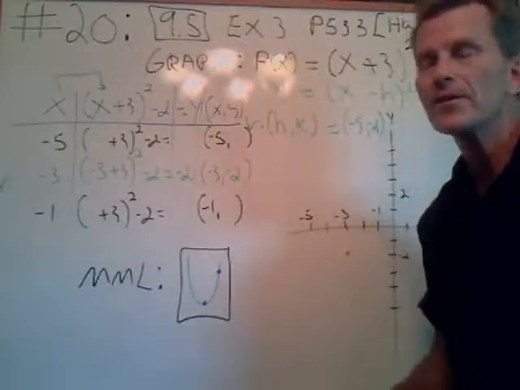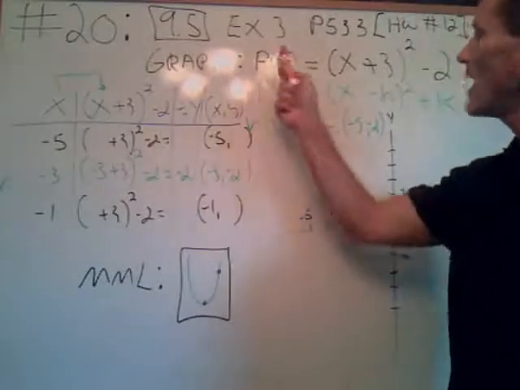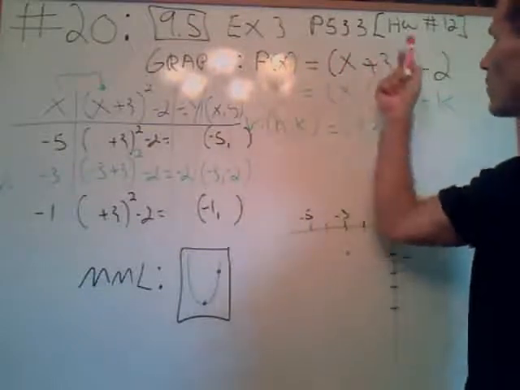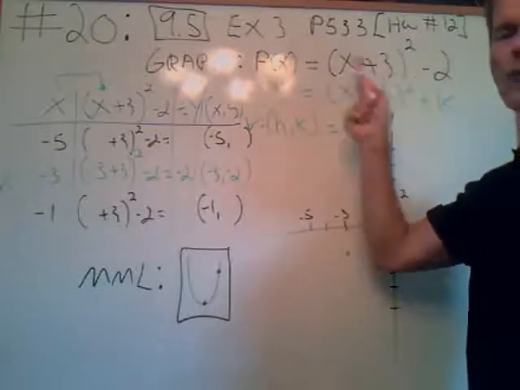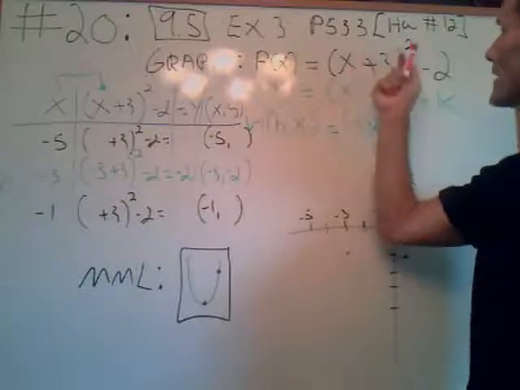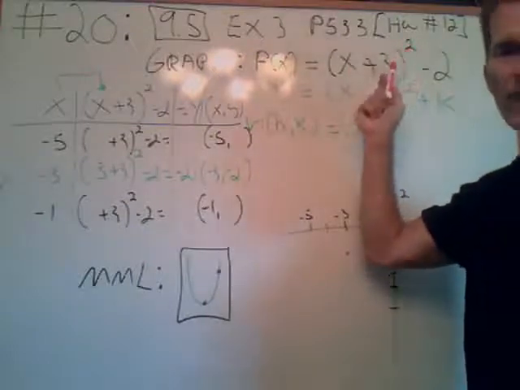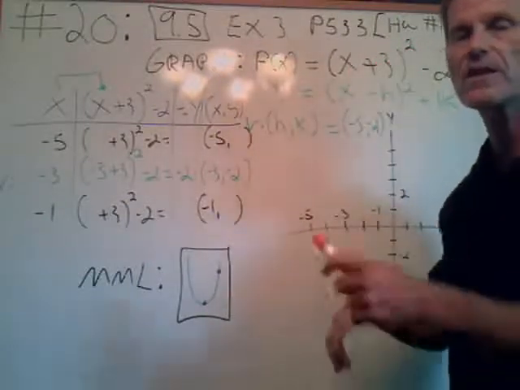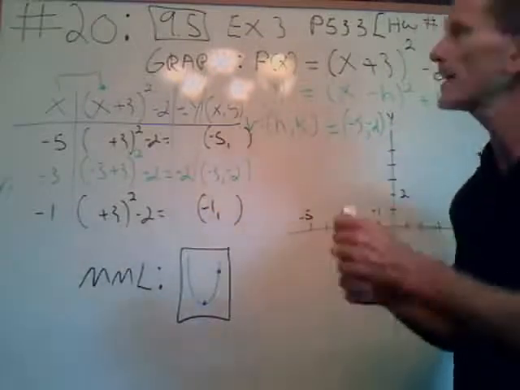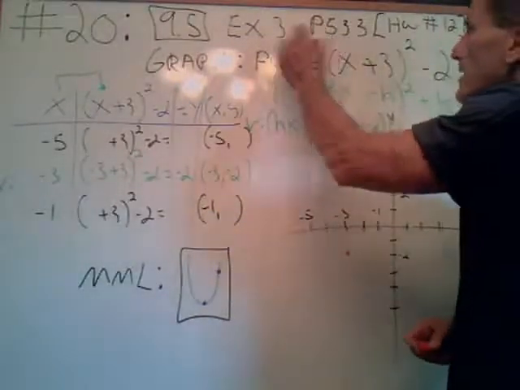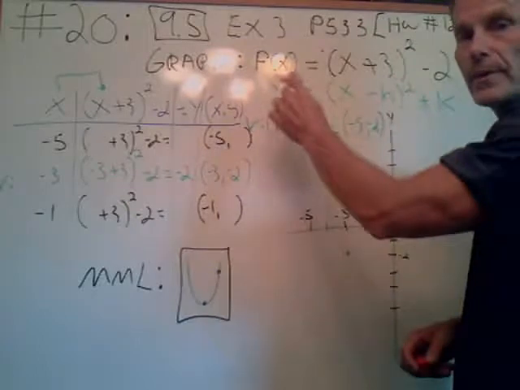Okay, so here's the story. f of x, or y, equals (x plus 3) quantity squared minus 2. When you graph these equations, you know it's a parabola because of the square. Now you need to find the vertex. The vertex is the smallest or the highest point. Since these are all positive values, these vertexes will be the smallest, the lowest point.